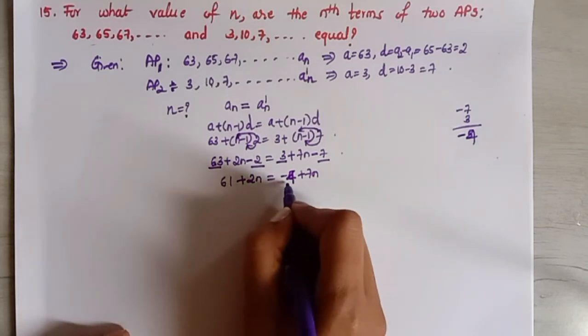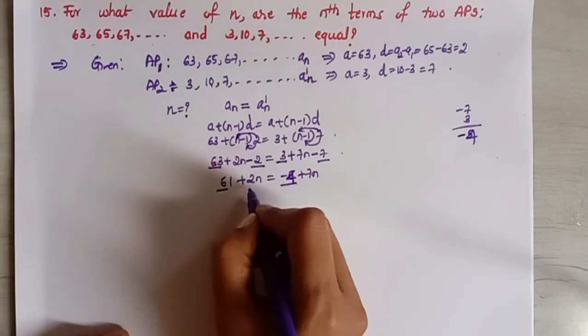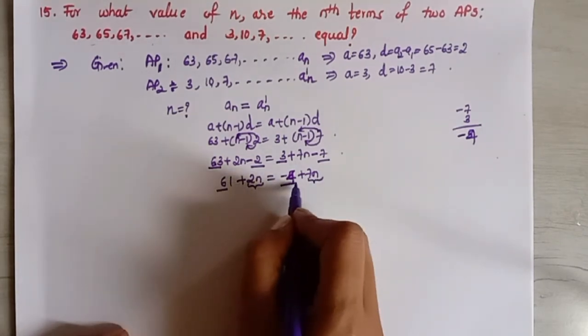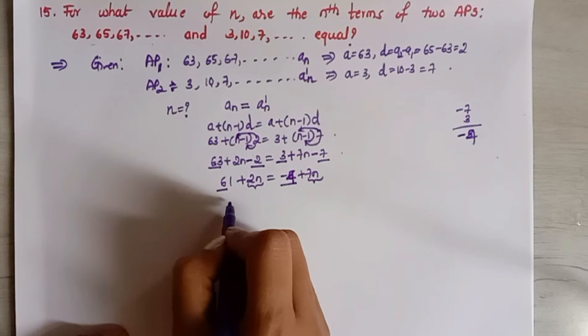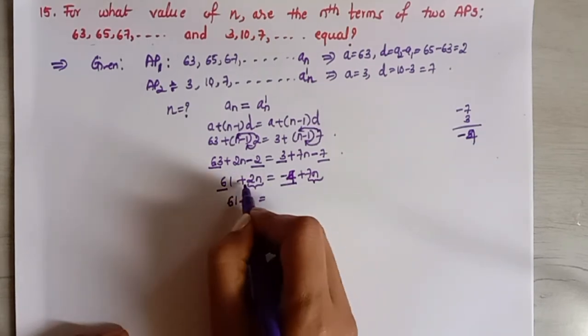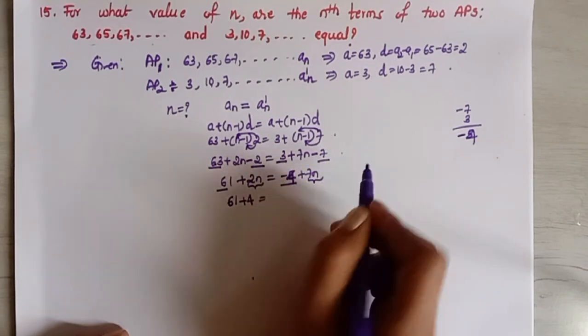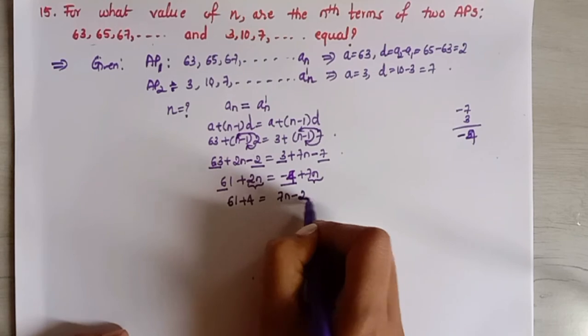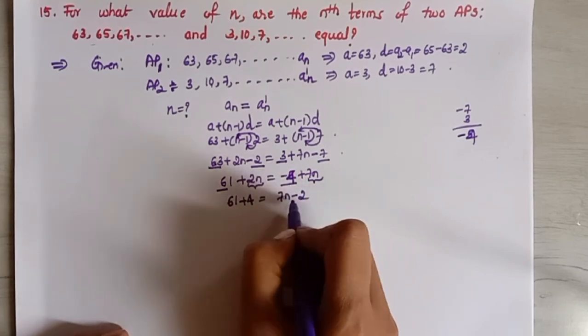So let us take the number terms to one side and the nth terms to one side. Let us take this minus 4 to the left hand side, so here we have 61 plus 4. Let us take this 2n to the right hand side, so here we have 7n, and this will be minus 2n.